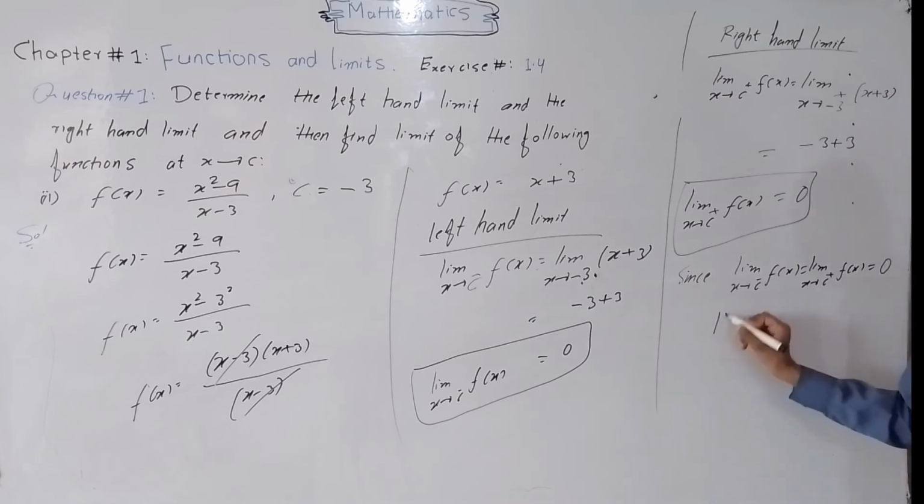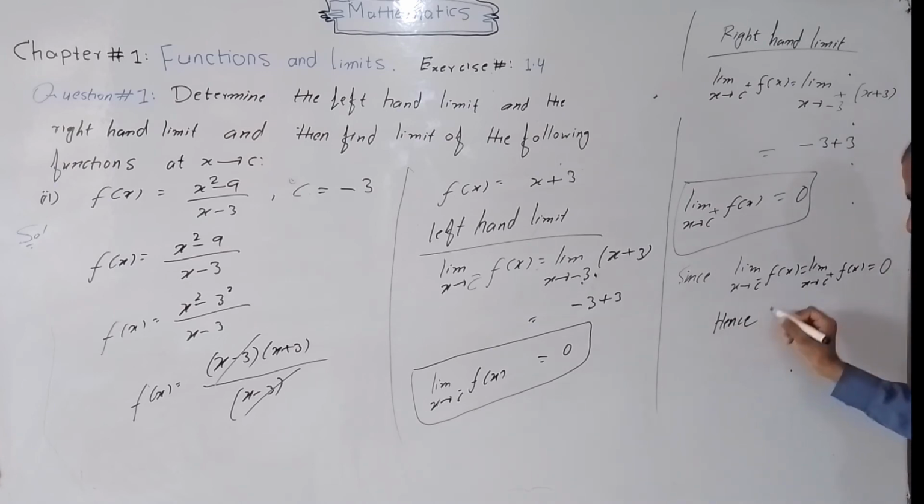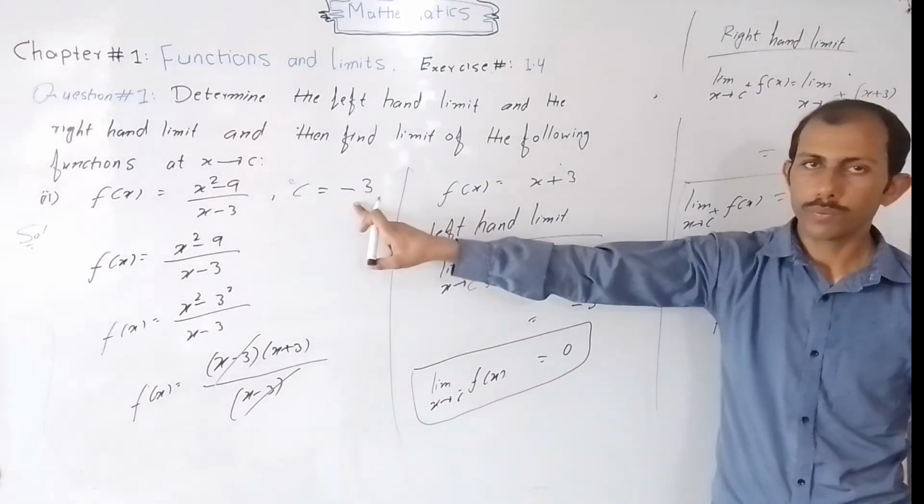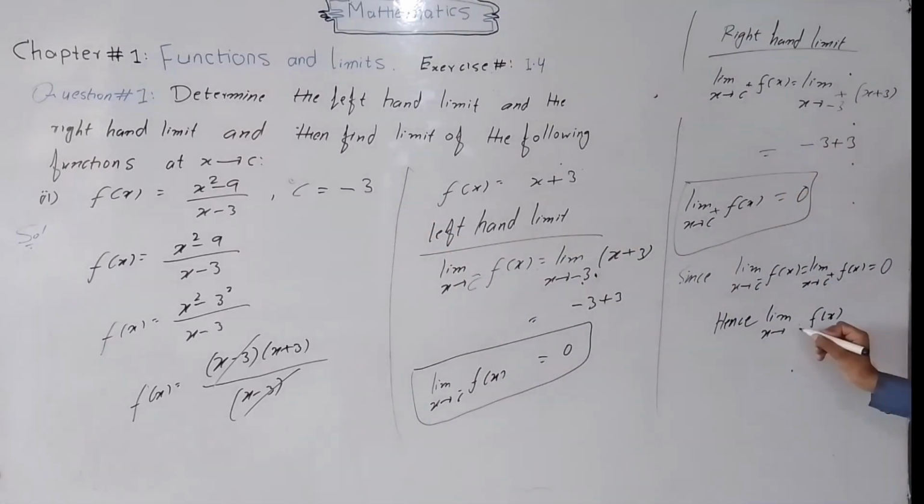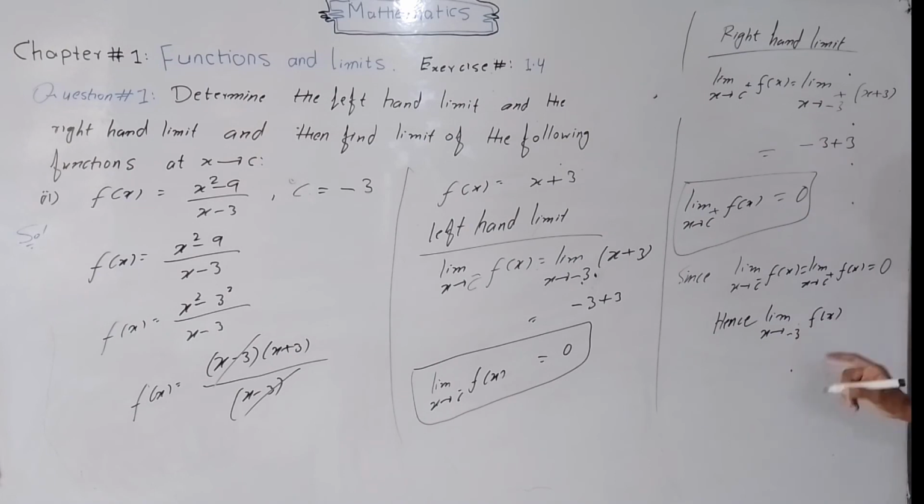Hence limit as x approaches c of f(x), value of c is equal to minus 3, limit as x approaches minus 3 of f(x) is equal to 0, which is the required solution. Next, question number 1, part number 3.